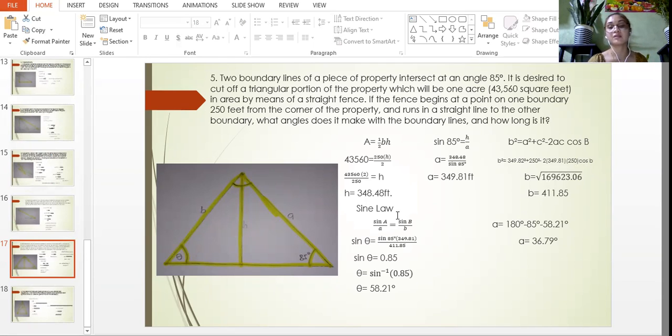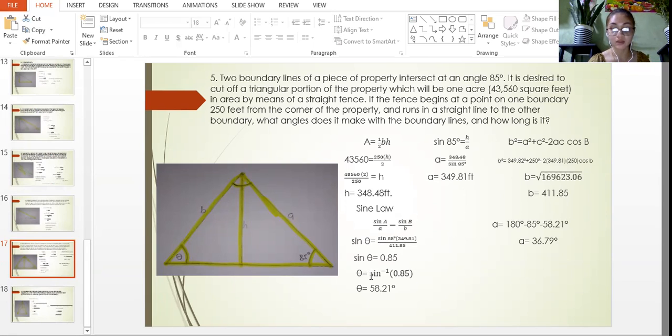So b is equals to 411.85. So using sine law, sine A over a is equals to sine B over b. So sine theta is equals to sine 85 degrees times the value of a, which is 349.81, over the value of b, 411.85. So sine theta is equals to 0.85.